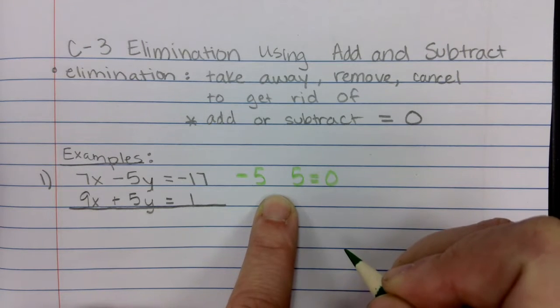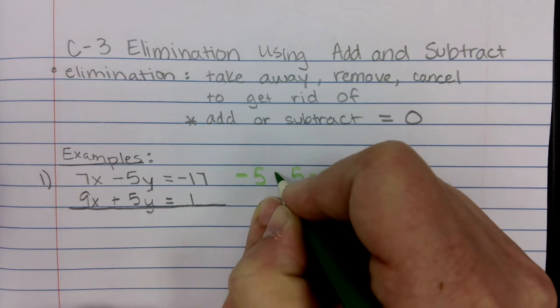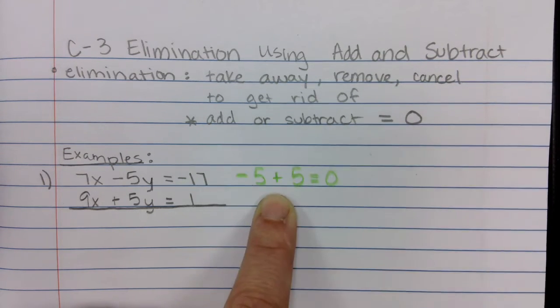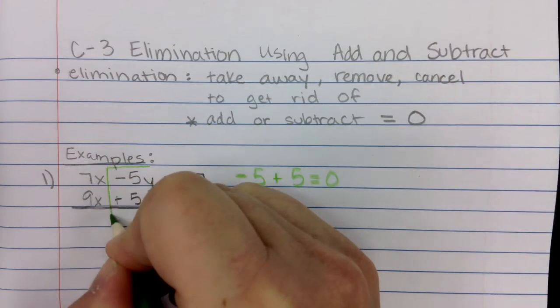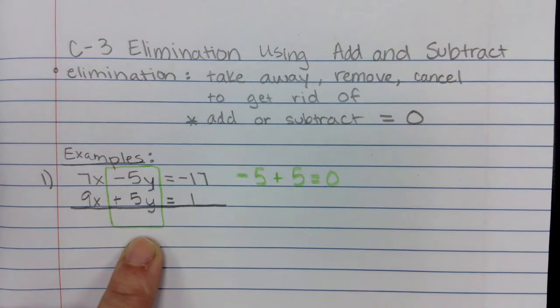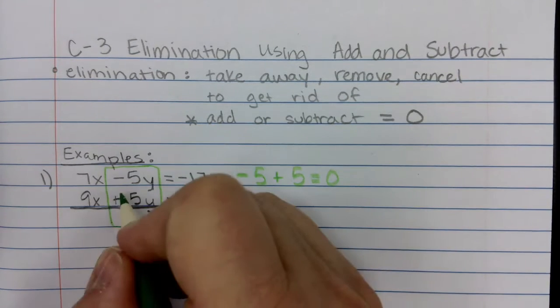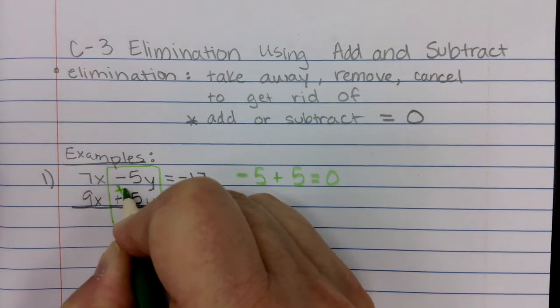Okay, so our goal is to get this negative 5 plus 5. Our goal is to eliminate that term. And to do that, we're going to add. So I'm going to sneak in a little adding sign, even though there's already one there. Sneak it off to the side. But if I add those ones, I'm going to have to add all the way across. So I'm going to add over here.